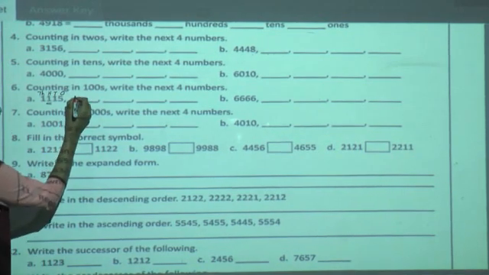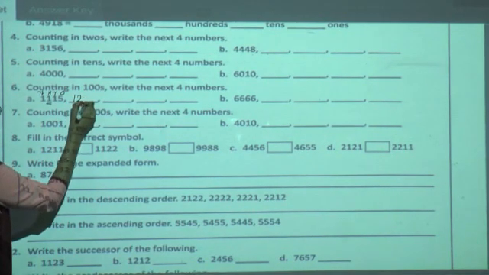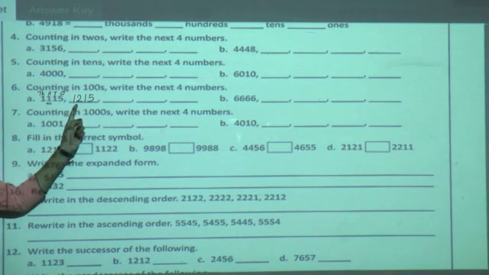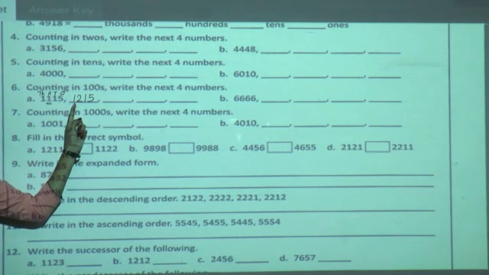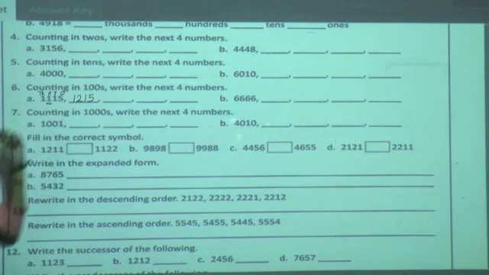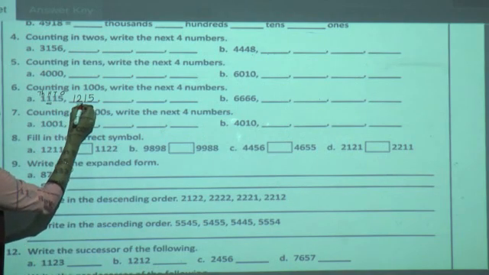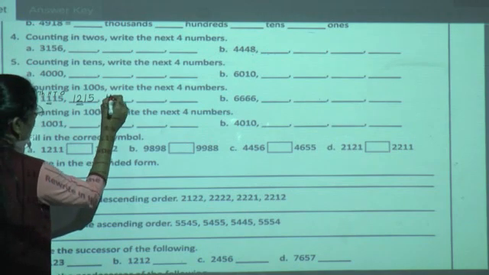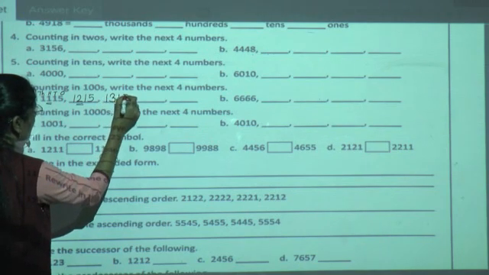So what will be the next number? 1215. Now again see at 100 place which number is there? 2, isn't it? 2. So again we have to add 1 in the 100 place digit. At 100 place 2 is there. So 1 plus 2, 3. So the next number is 1315.